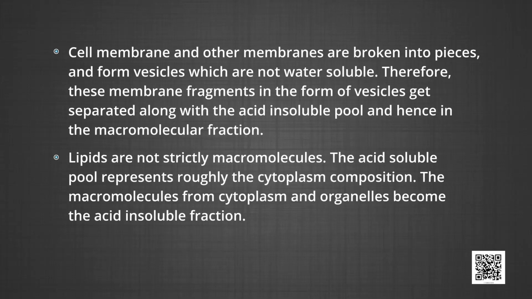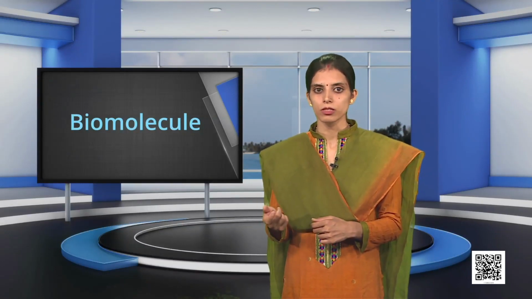Lipids are not strictly macromolecules. The acid soluble pool represents roughly the cytoplasmic composition. The macromolecules from cytoplasm and organelles become the acid insoluble fraction. Together, these represent the entire chemical composition of living tissues or organisms.